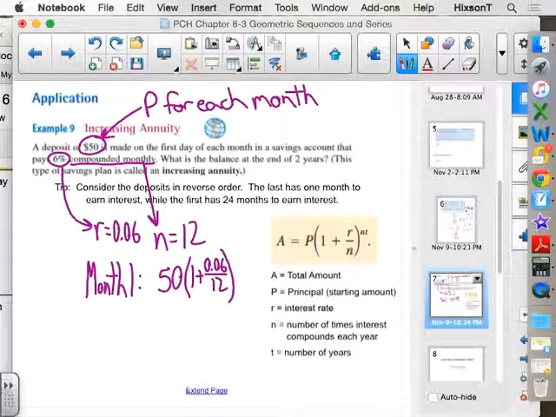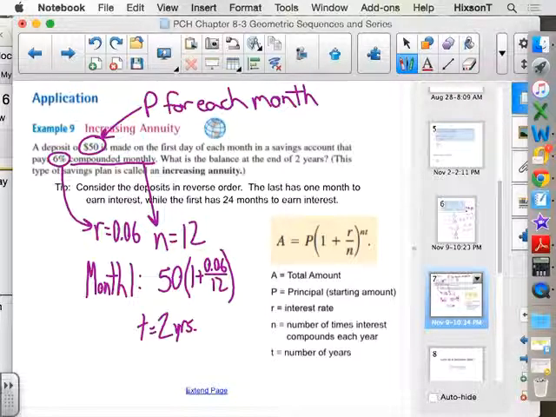Now, this first month, how long is it going to be invested for? 0 months. No? The full 2 years. So 24 months. So t is 24. t equals 2 years.